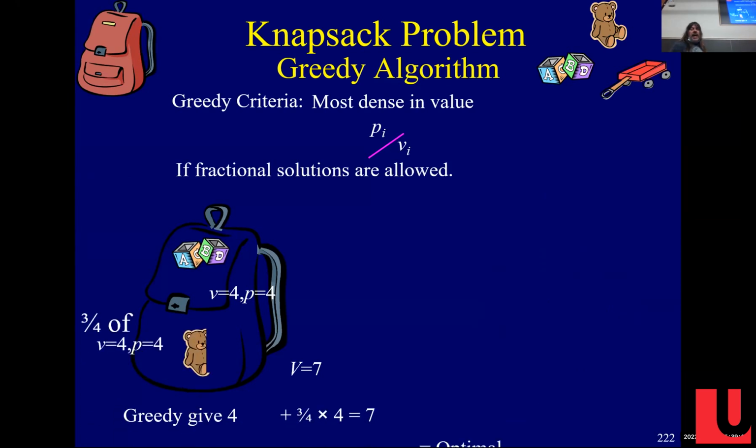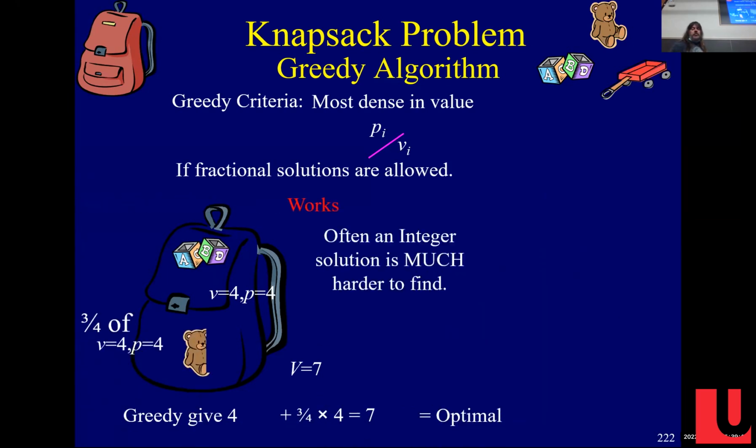If you allow fractions, then life is good, right? And it's a general rule. One way in industry of solving computational problems that are NP complete is, if the problem requires an integer solution, you relax it to require a real solution.